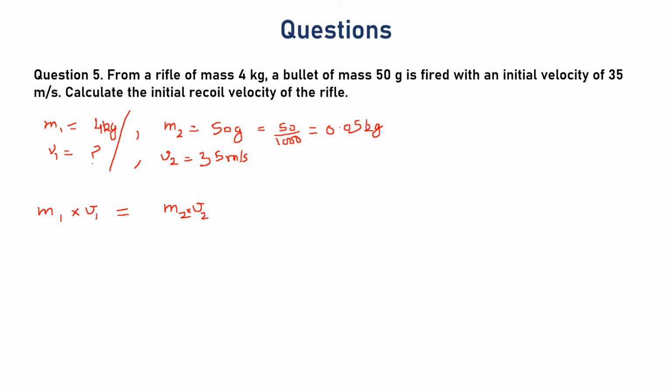M1 is 4 into V1, M2 is 50 into 35, right? So keep your V1 on the left hand side. This is the variable. 50 into 35 divided by 4. When 4 comes to this side, it will divide this quantity. So what answer are we getting?